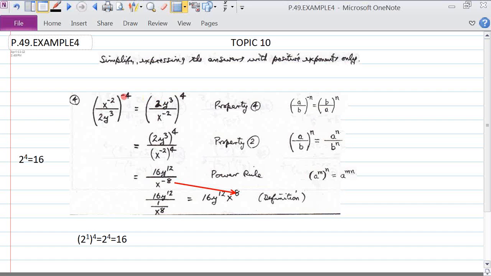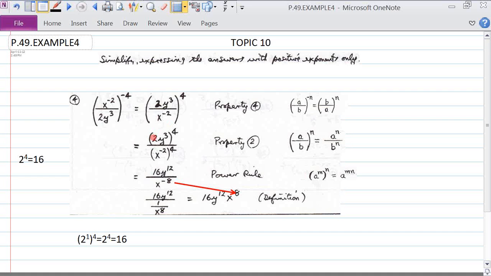And what we're doing is changing the minus 4 to the plus 4. So all we're doing is taking a over b to the minus n, putting the b over here, putting the a down here, and changing the power. So that's all we're doing. We're moving this to here, we're moving that to there, and we're changing the power. And that's property 4.